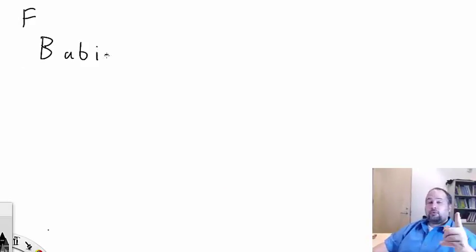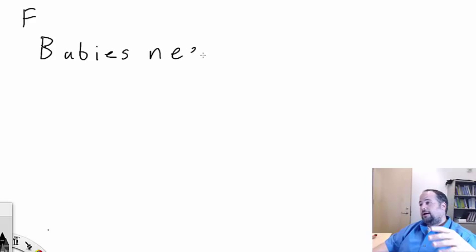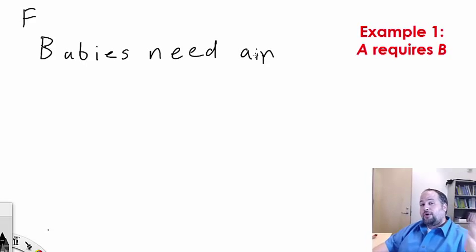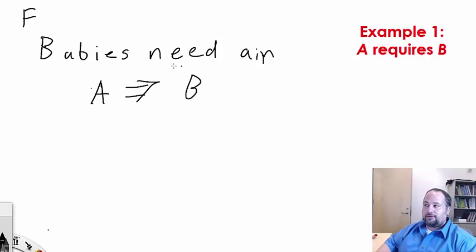For example, let's start with a statement: babies need air. This one, by the way, is true, not a wives' tale. Babies do need air, right? And since we know that babies need air, we can lay this one out in A implies B format.